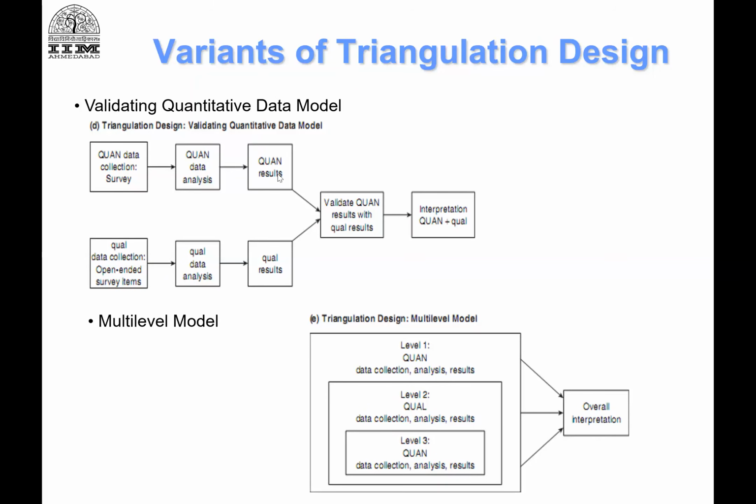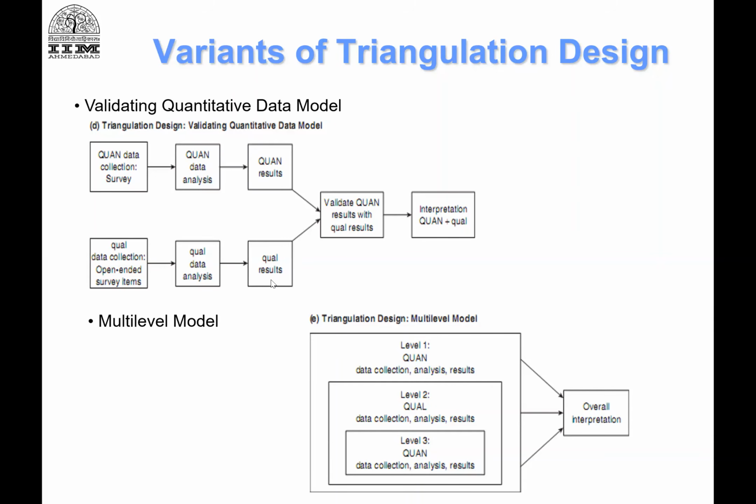You can have quantitative, which is dominant, and then qualitative. For example, you are doing some survey, and in qualitative collection, you include some open-ended survey items, like towards the end of the survey, you mention, if there's anything else you want to write, please write in the survey. And this is not a dominant paradigm.